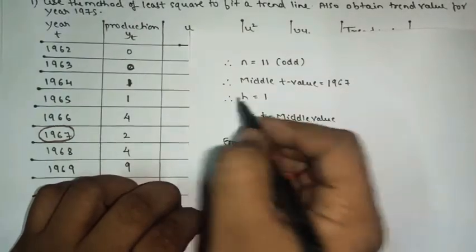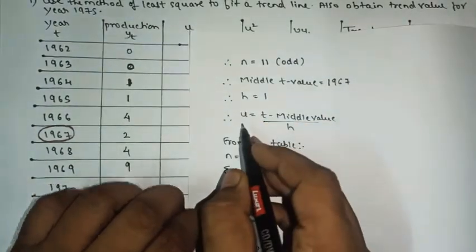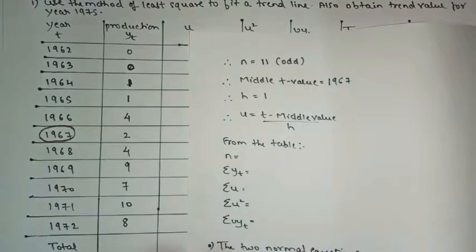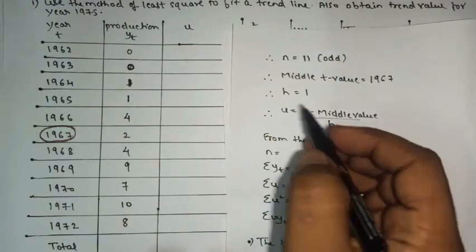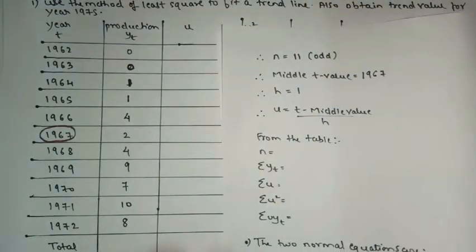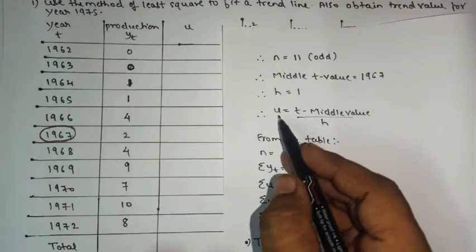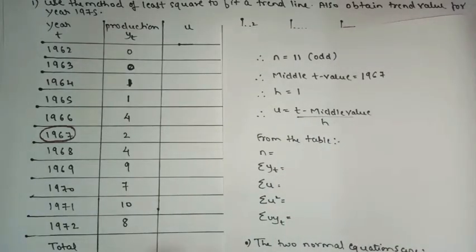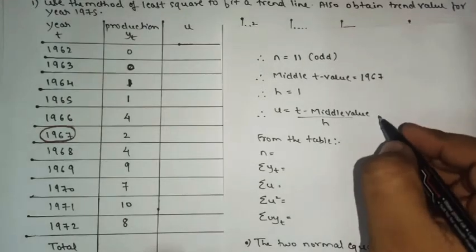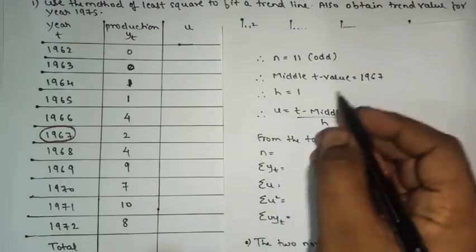Okay, after h you will use the formula of u to find column number 3. So what is the formula for u? It is (t minus middle value) upon h. So t is what?